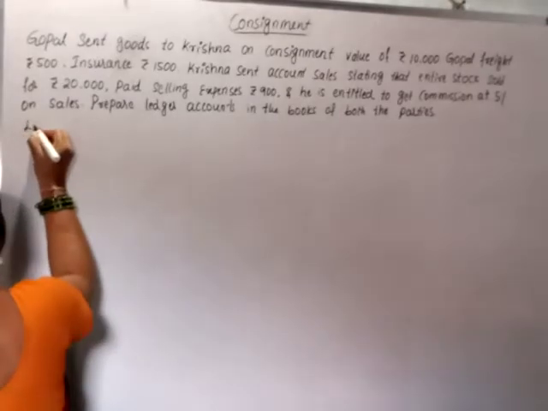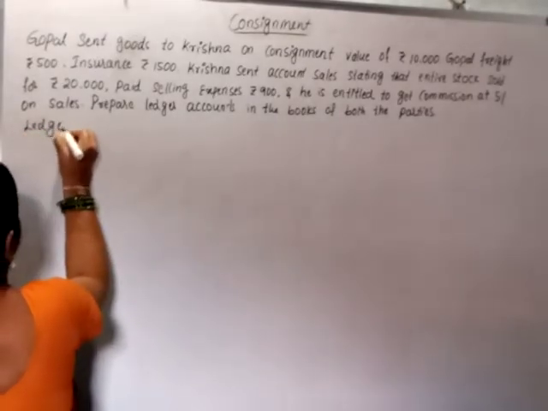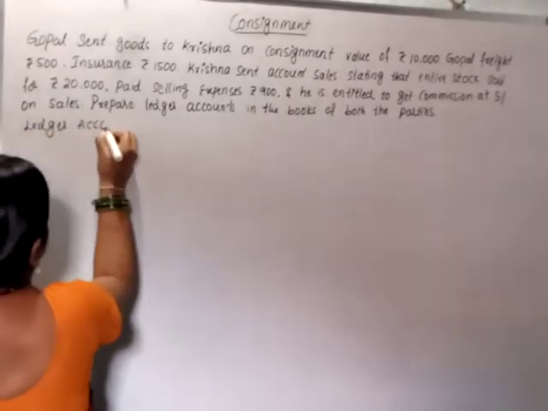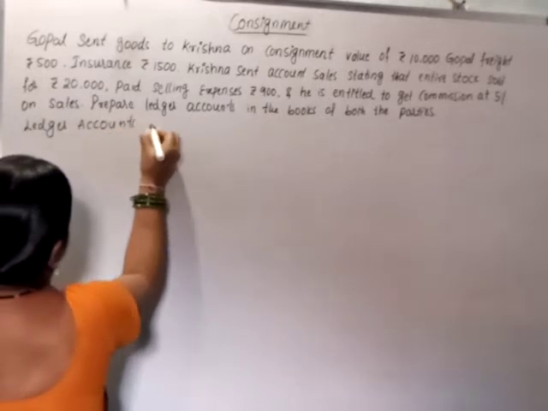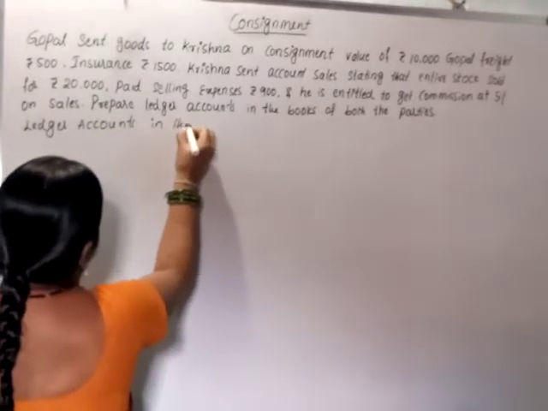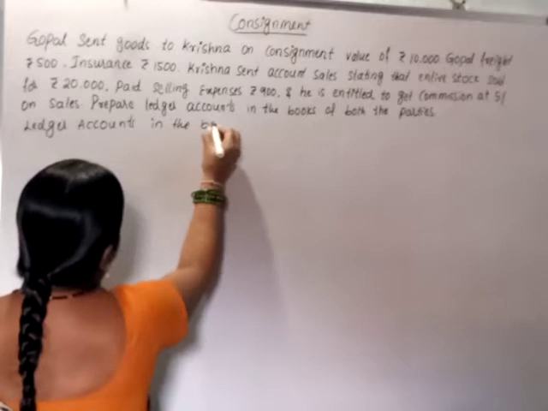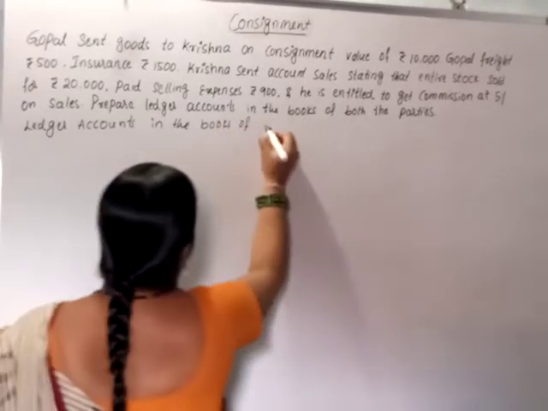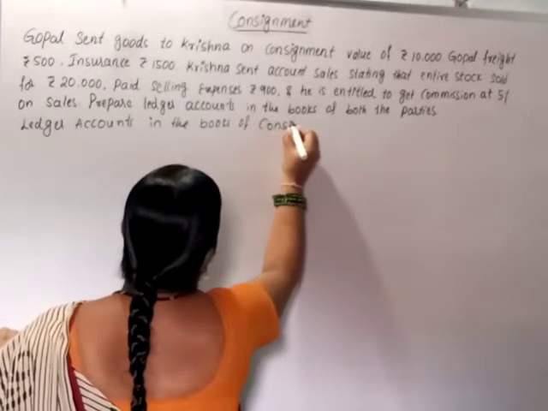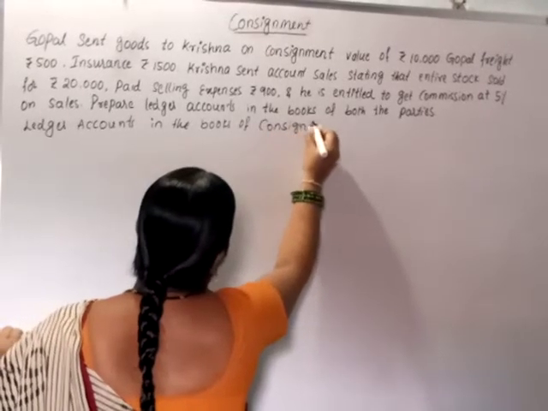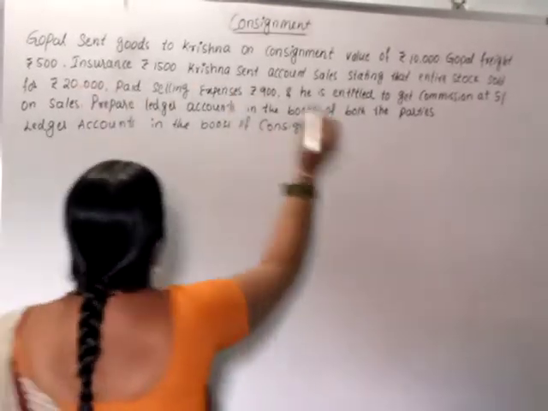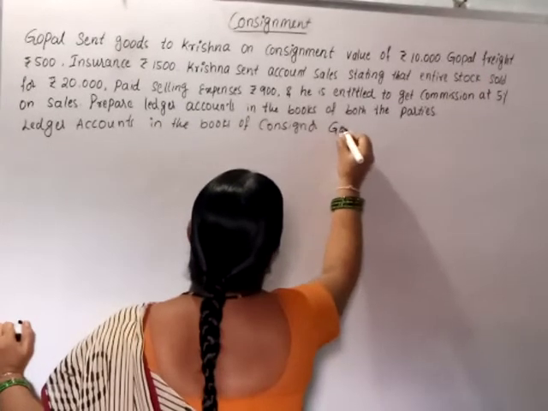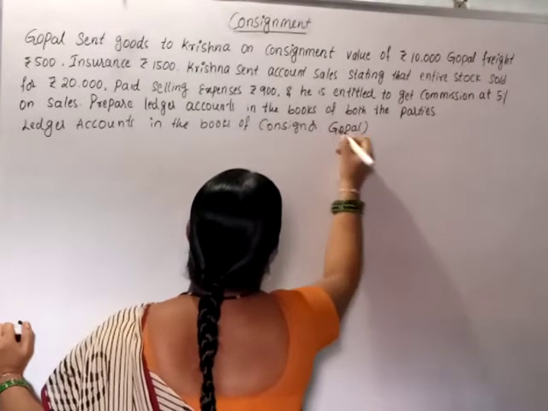So write the heading: ledger accounts in the books of consignor. In this problem the consignor is Gopal, so under brackets write down Gopal.